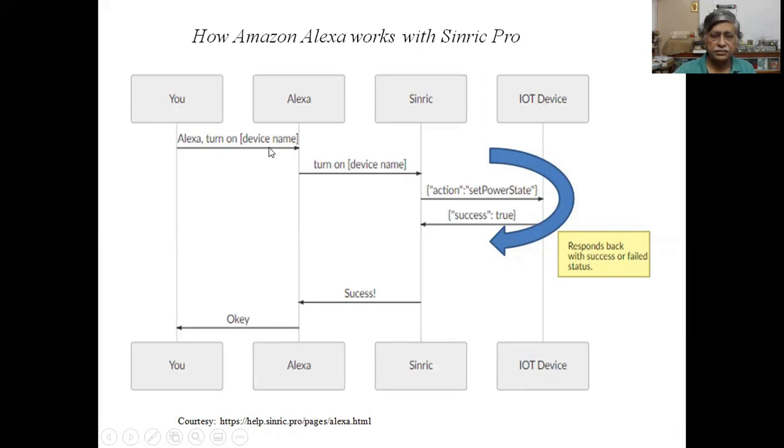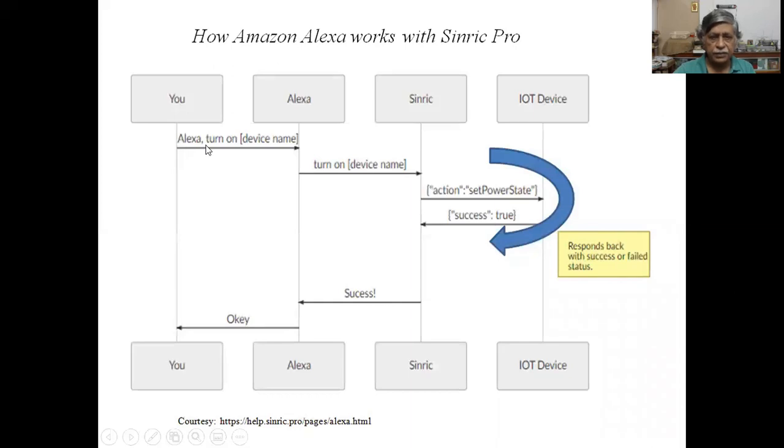For example, I say, turn on the motor. Once you give that turn on command corresponding to the device, the action it will do is power up the state, and if it identifies the device, it will be a success, and it replies, okay. Once it says okay, it turns on that particular device.